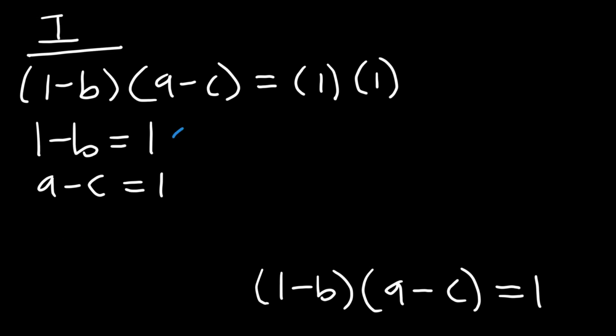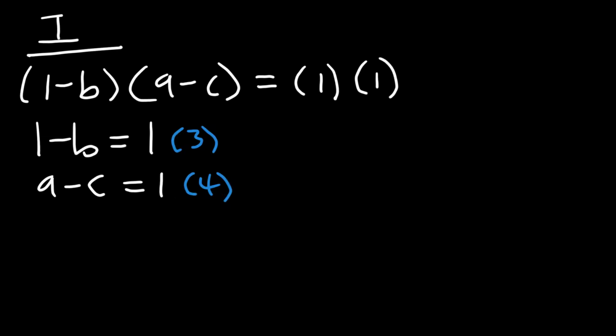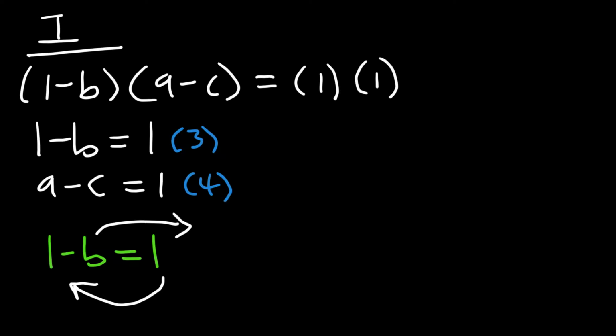Let's call this equation 3 and then this equation 4. From equation 3 we have 1 minus b equaling to 1. If we take b to the right hand side and then bring 1 to the left hand side, we shall have 1 minus 1 equaling to positive b, and therefore b will be equal to 0.